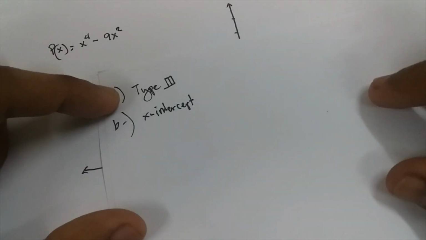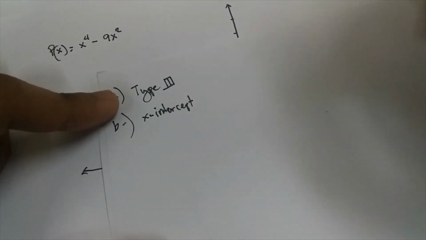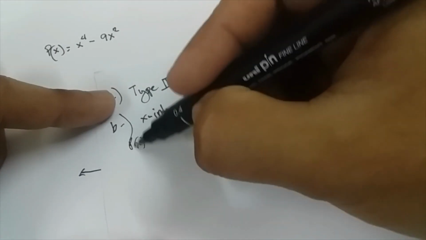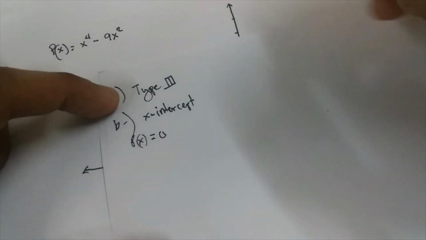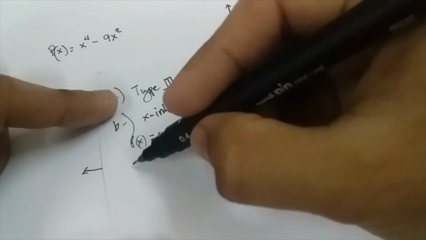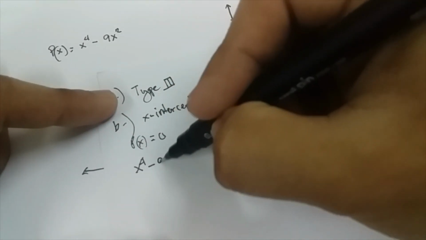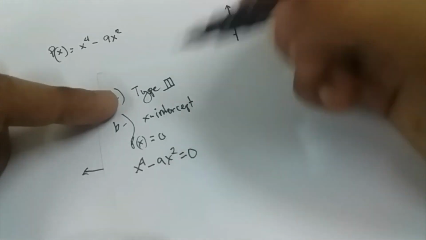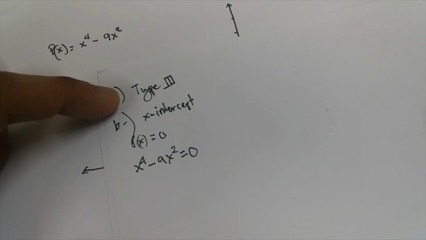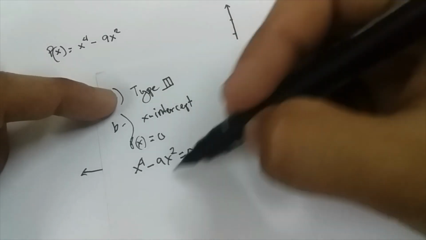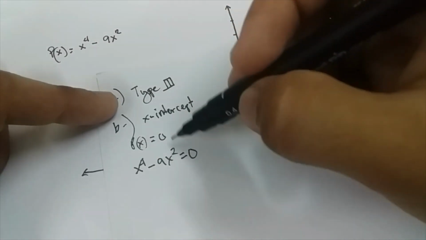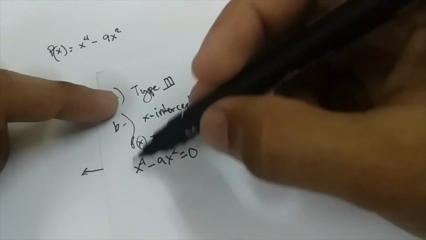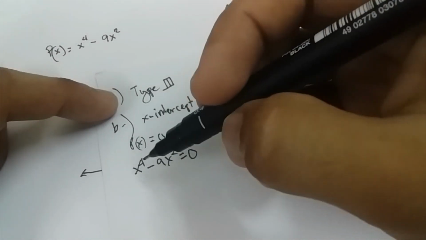Okay, for the x-intercept, again, we will let p of x is equal to 0. So this becomes x to the power of 4 minus 9x squared is equal to 0. Then we will simply solve for the value of x. From here, we can see that x squared is common to the first and second terms. So we can factor out x squared.